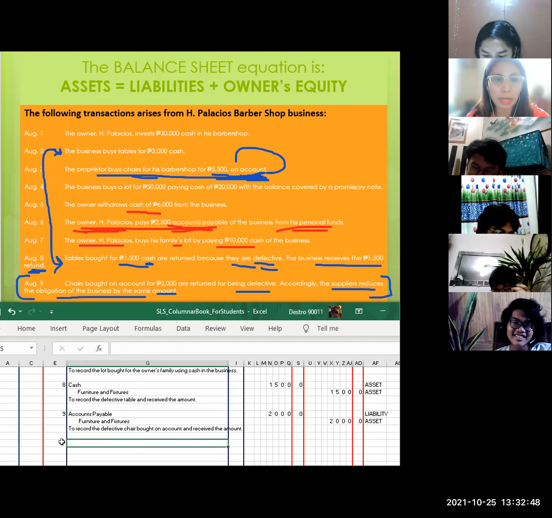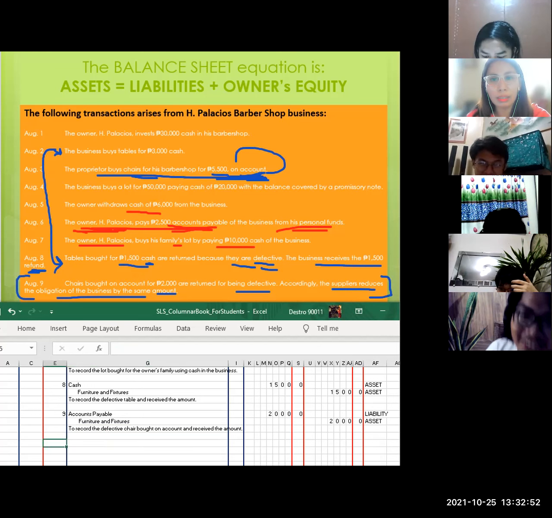Basically, the explanation every after entries are based on the transaction itself. So yung mga explanation dito ay nanggaling lang din sa mga transactions.